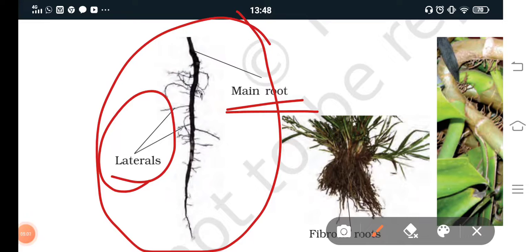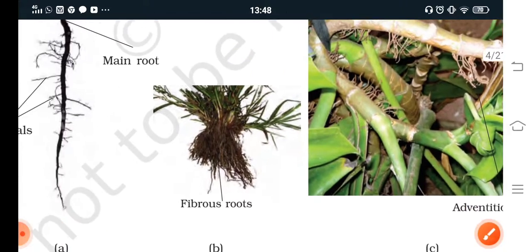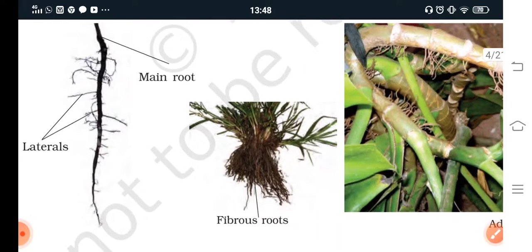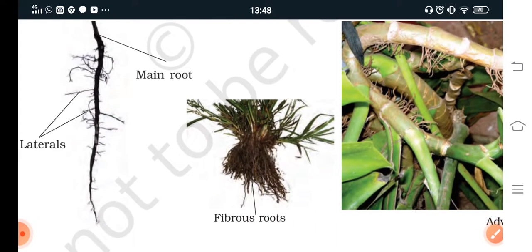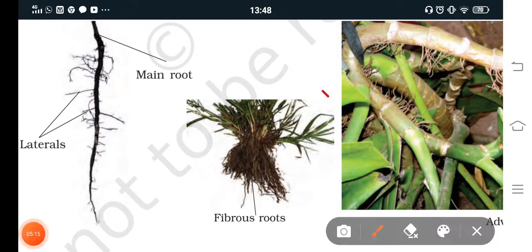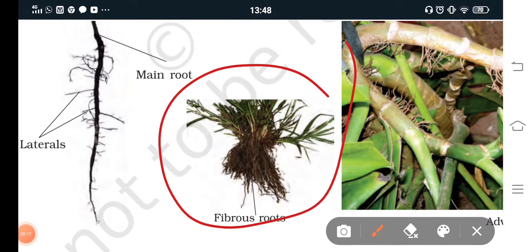And there is your fibrous root system, where the primary root is short lived, whereas it has a large number of short secondary roots. These roots originate from the base of the stem. Can you see it?